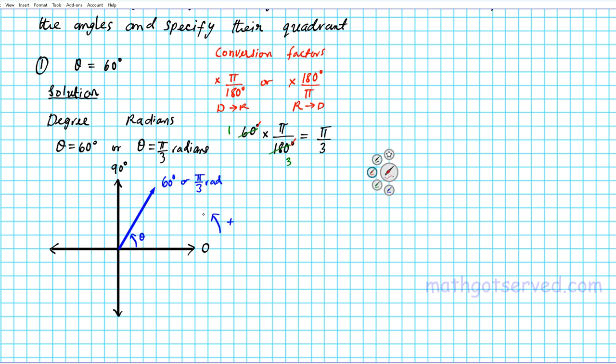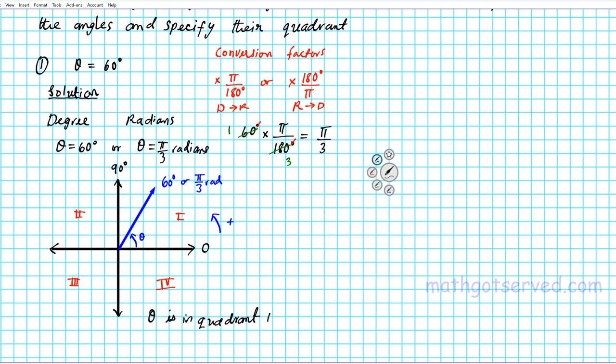This is quadrant 1, 2, 3, 4. So theta is in the first quadrant. So theta is in quadrant number 1. All right. So now we're ready to take a look at another example.